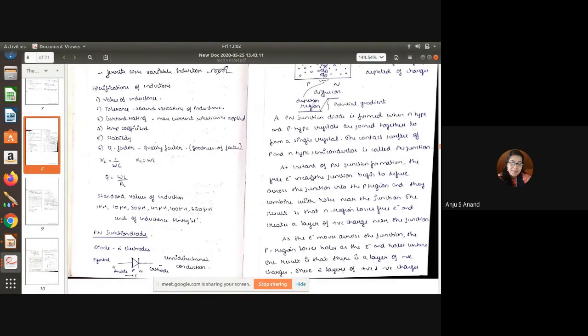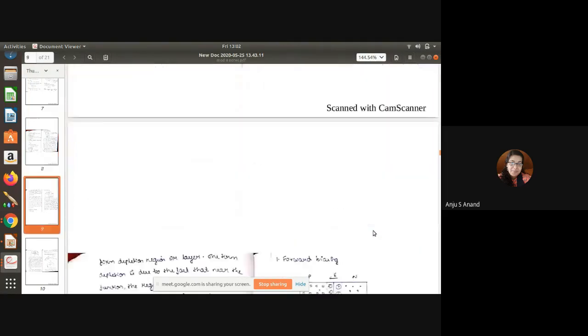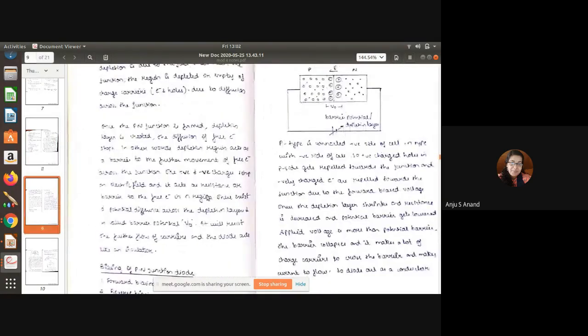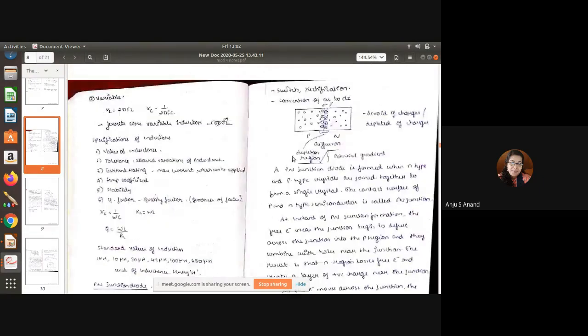At the instant of p-n junction formation, free electrons move through the junction and begin to diffuse across the junction into the p region and similarly into the n region, and this causes combination of charge in that junction region. A depletion layer is created in that junction region. That is well explained in the notes. You have to mention that along with the diagram.